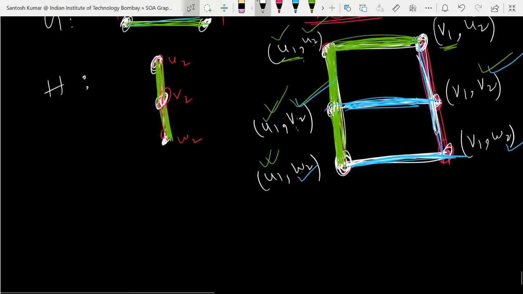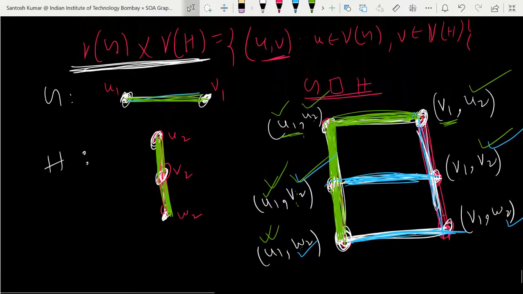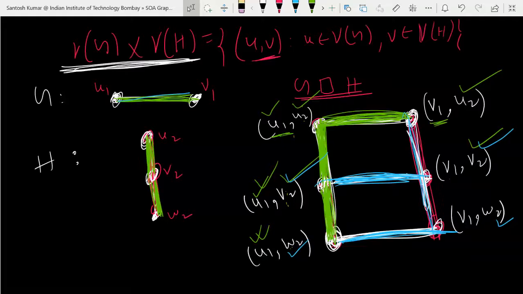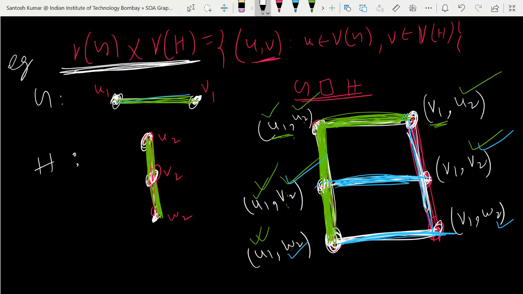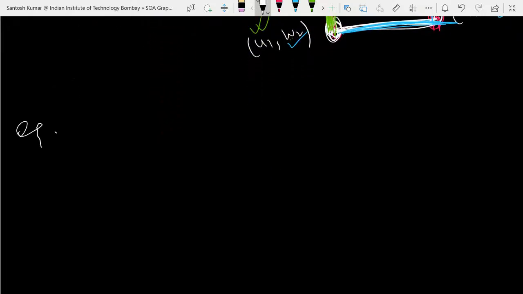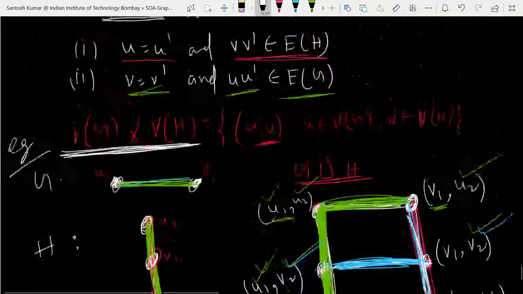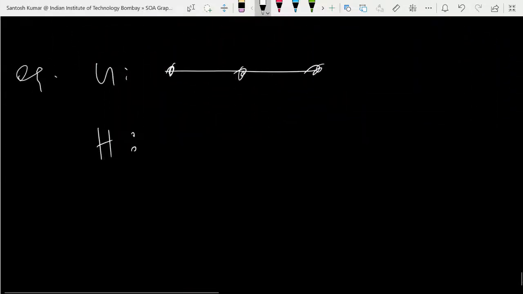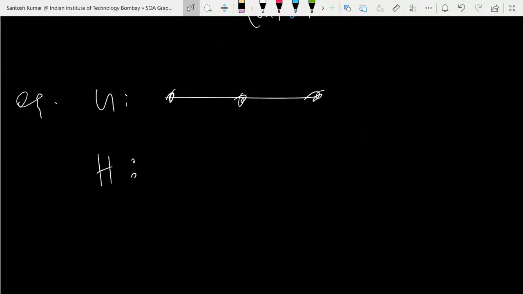So if you understood, let us draw one more. So this was the first example, and for the next example, G is like this, 3, and H is, let's say, the same graph, 3.